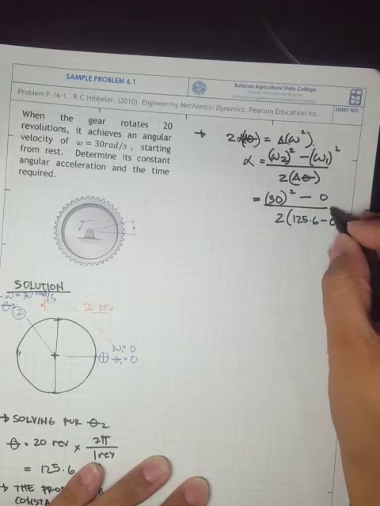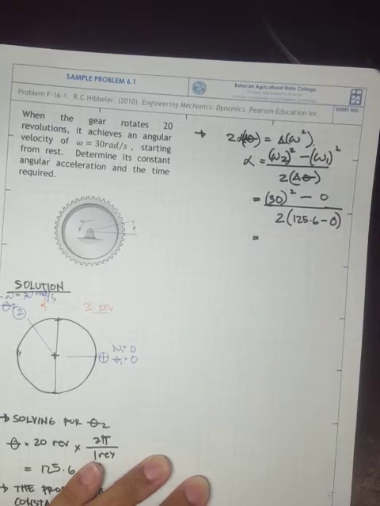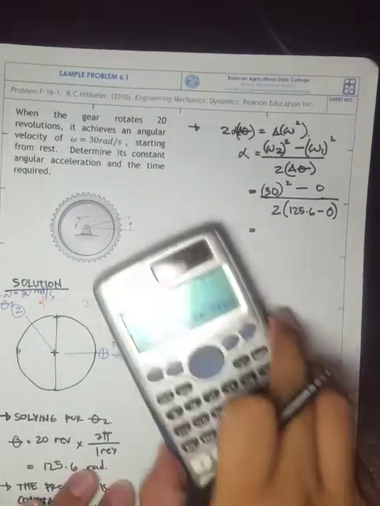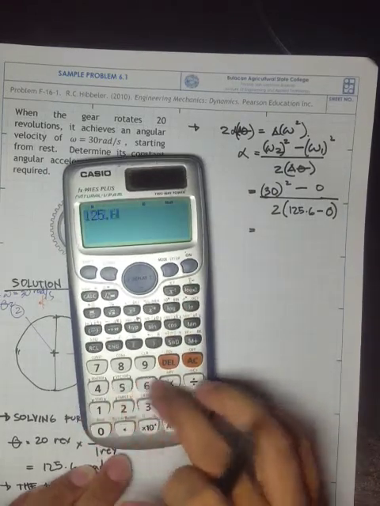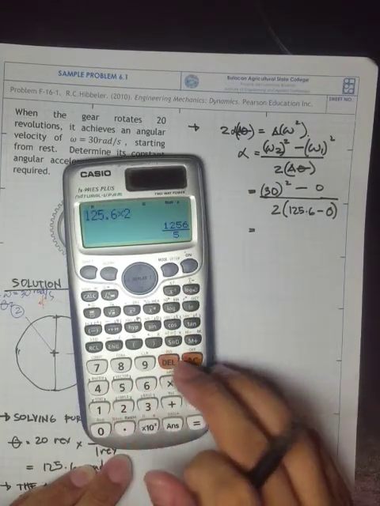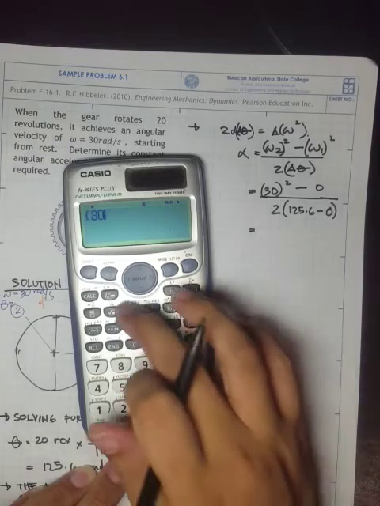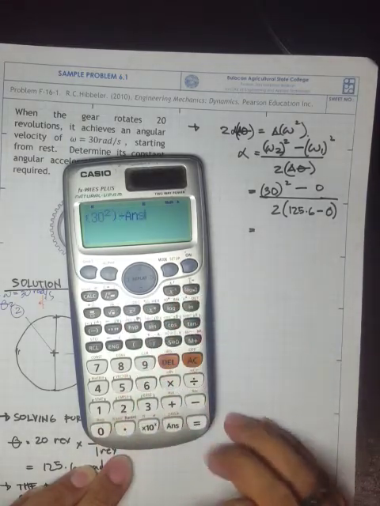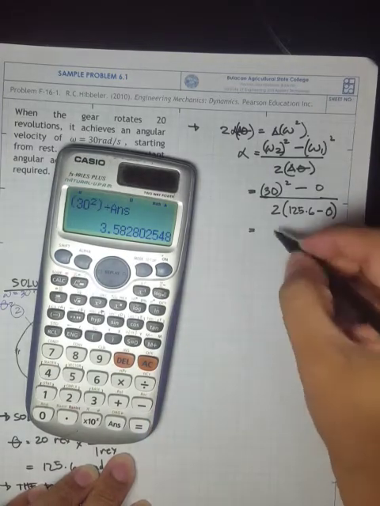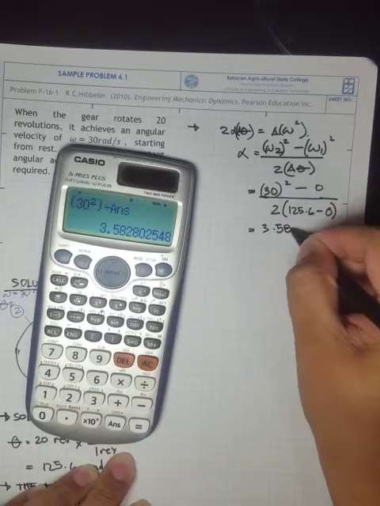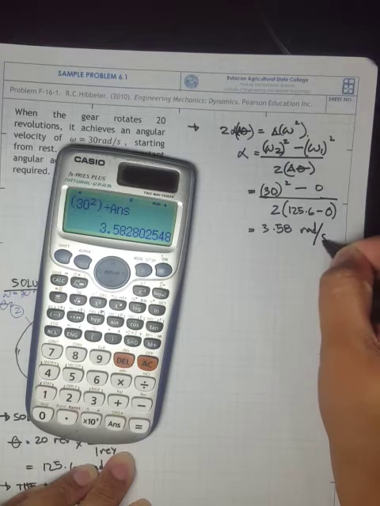So 30 squared divided by 2 times 125.6. What we get is 3.58 radians per second squared.